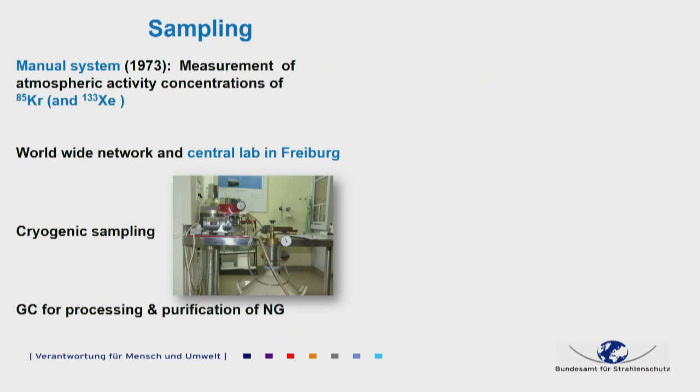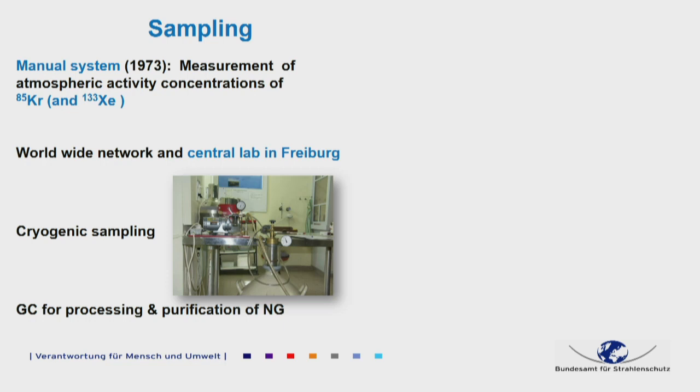The sampling for krypton we conduct with a manual system that was developed in 1973, for the measurement of atmospheric activity concentration of both krypton-85 and xenon-133. As I mentioned, we've got a worldwide network and a central lab in Freiburg. The sampling is done cryogenically. The air is basically driven over liquid nitrogen-cooled activated charcoal adsorber.